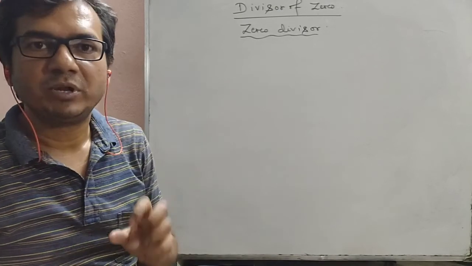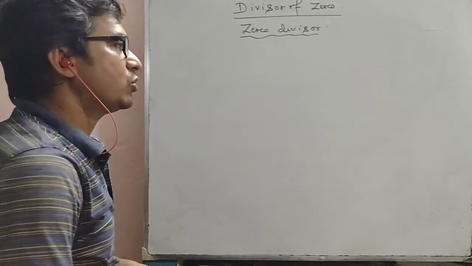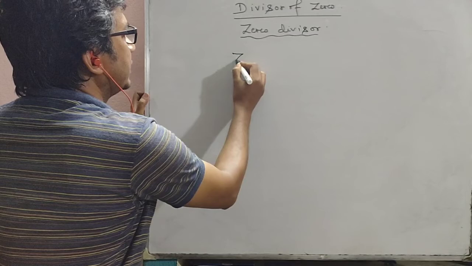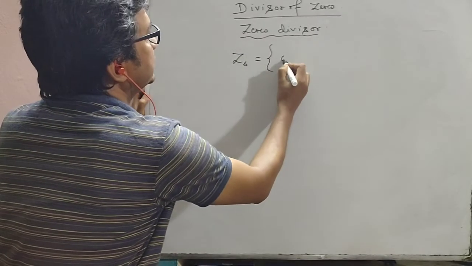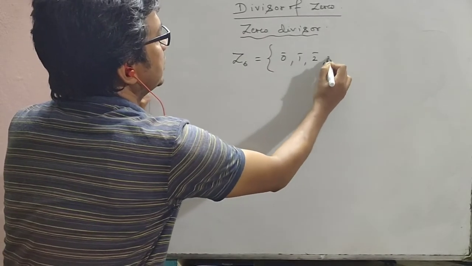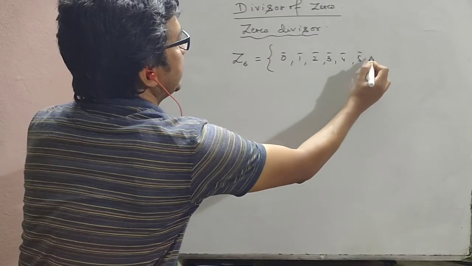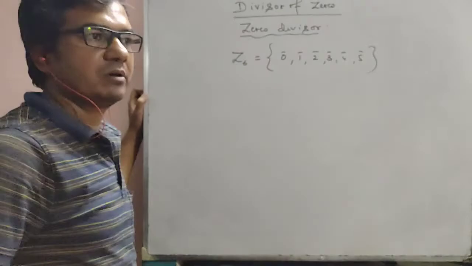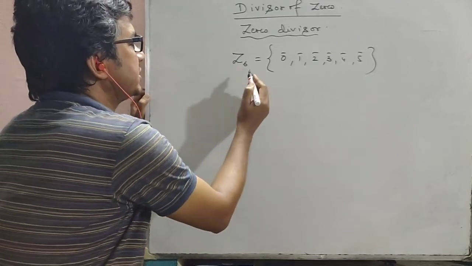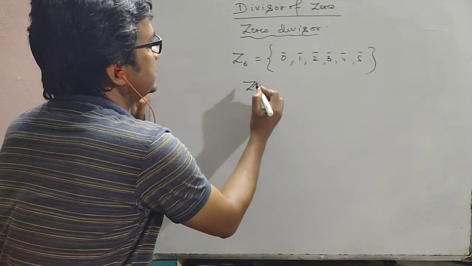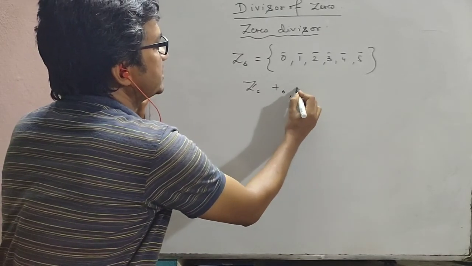by giving a particular example. Consider a ring Z6 containing 0 class, 1 class, 2 class, 3 class, 4 class, 5 class. Okay, and we discussed earlier that Z6 is a ring with respect to plus 6 and dot 6.